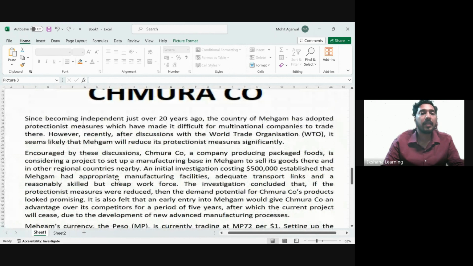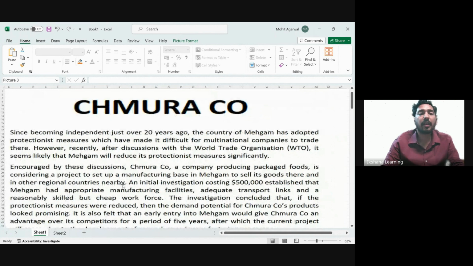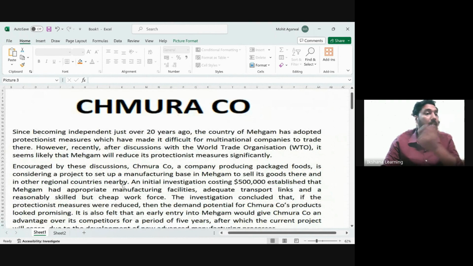It says Chimura company: since becoming independent just over 20 years ago, the country of Megam has adopted protection measures which have made it difficult for multinational companies to trade there. However, recently, after discussion with the World Trade Organization, it seems likely that Megam will reduce its protection measures significantly. So it's good news for us.